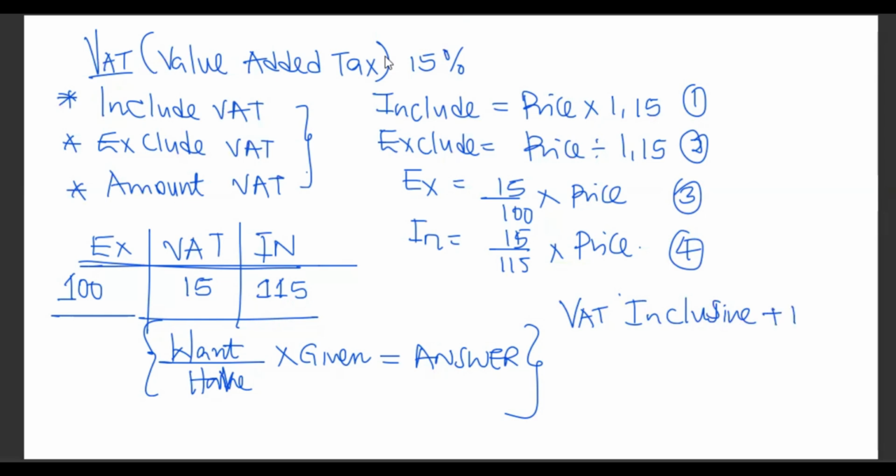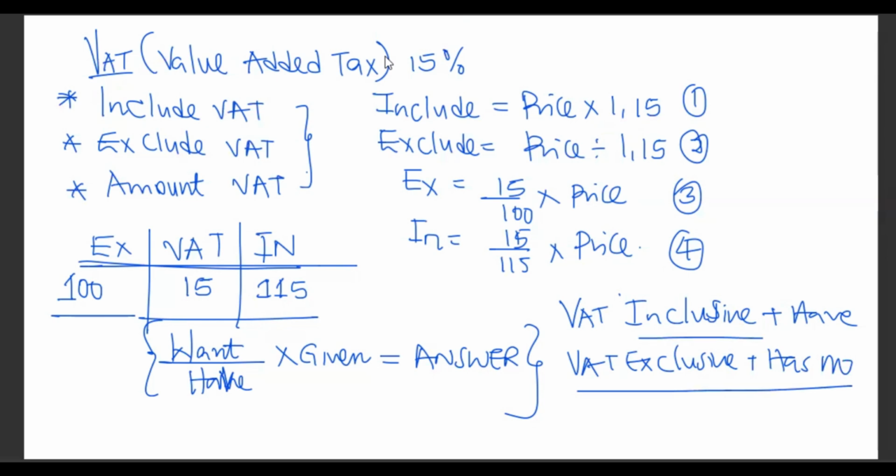Inclusive, we say it has. Then VAT exclusive, we say it has no. All right, let's look at some examples.